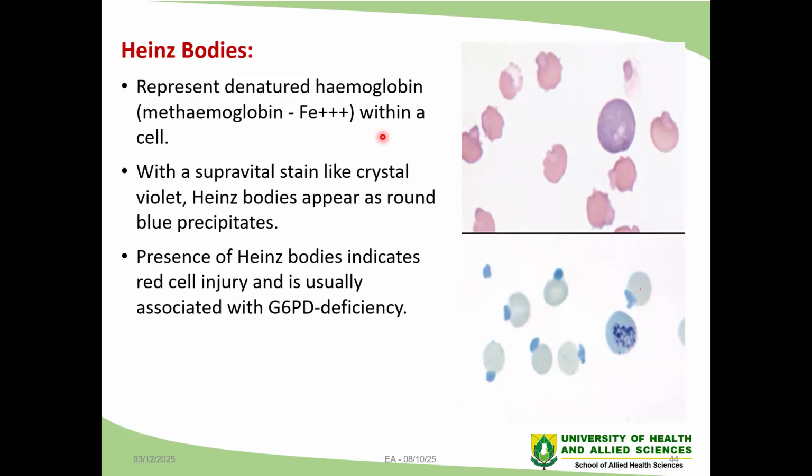So anytime you have hemoglobin increasing in the form of methemoglobin, it could be as a result of some oxidative activity which has overwhelmed the reducing power of the red cell, and so you end up having these Heinz bodies forming, but you can only see them when you do supravital staining.